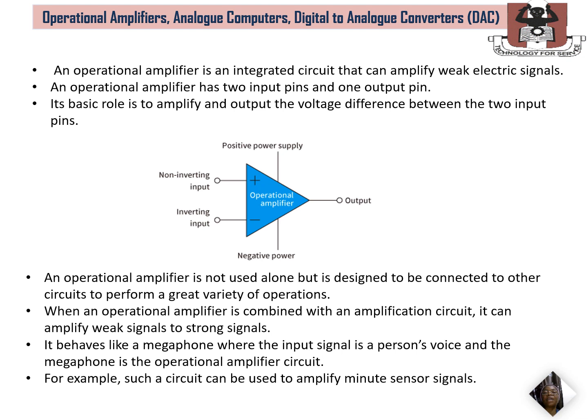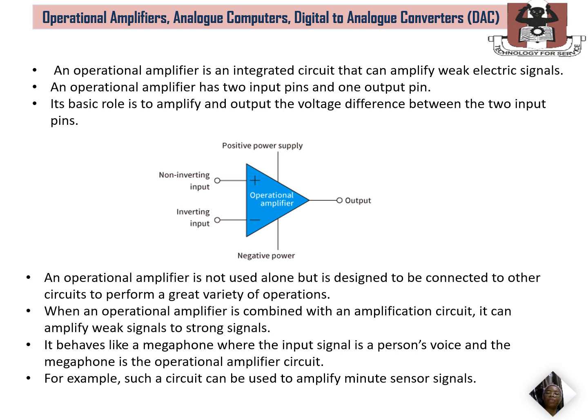Operational amplifiers have two inputs, as we can see here, the non-inverting input and the inverting input. Its basic role is to amplify and output the voltage difference between the two input pins.